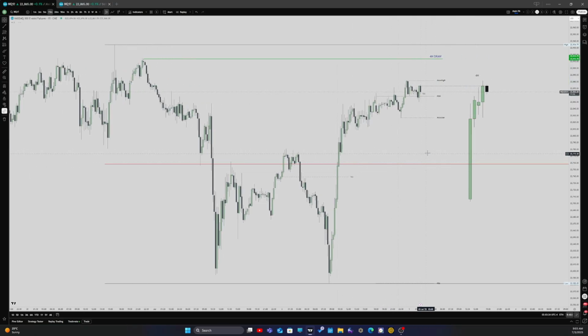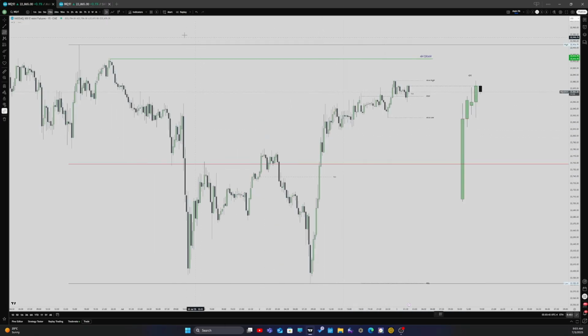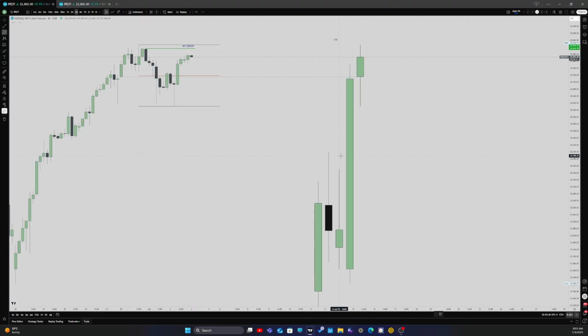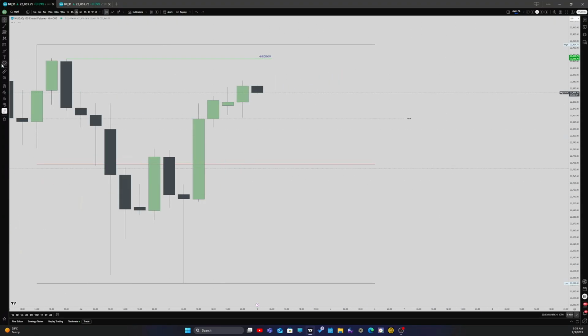But looking at this price action, I would say that our range here, the impulse is this one. And it's actually easier to spot it on the 4-hour. Let's go. This is the range I'm working with.